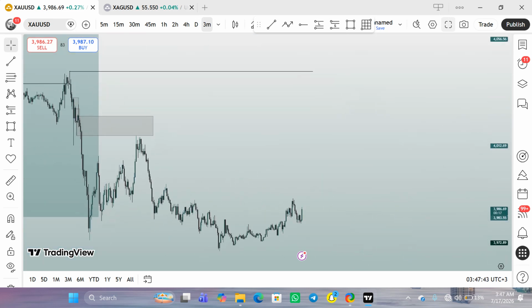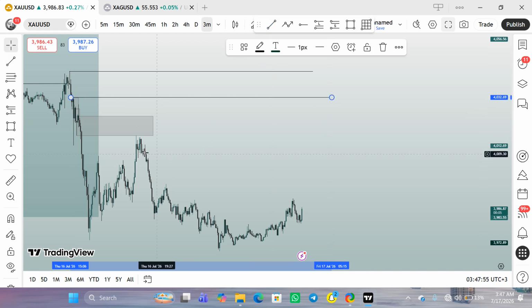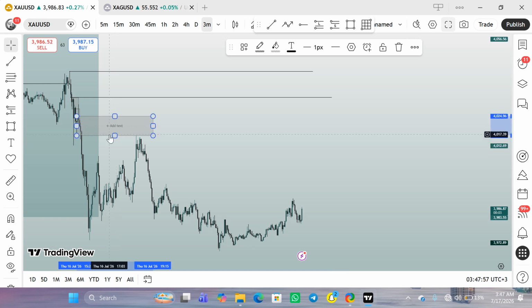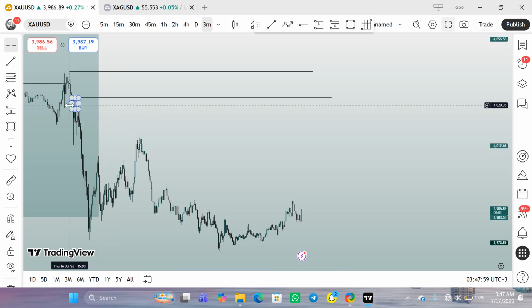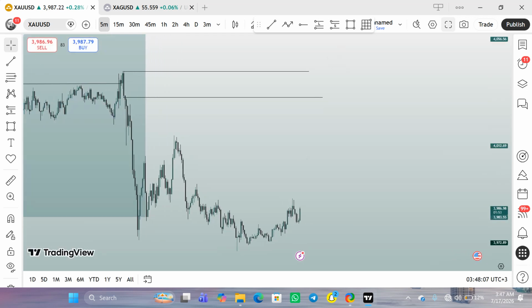So what do I need? I need price above this zone. Okay, this is the zone where I need price above. So here I have an order block.